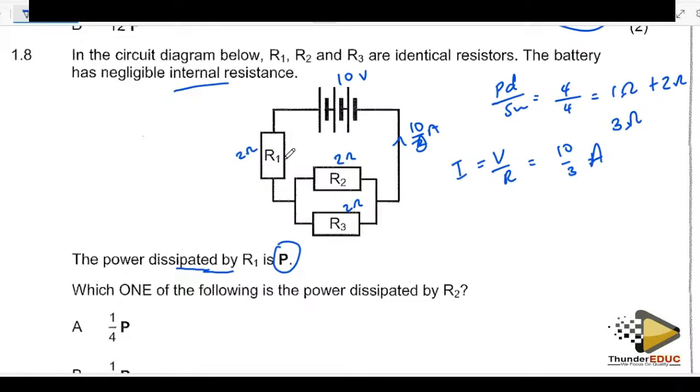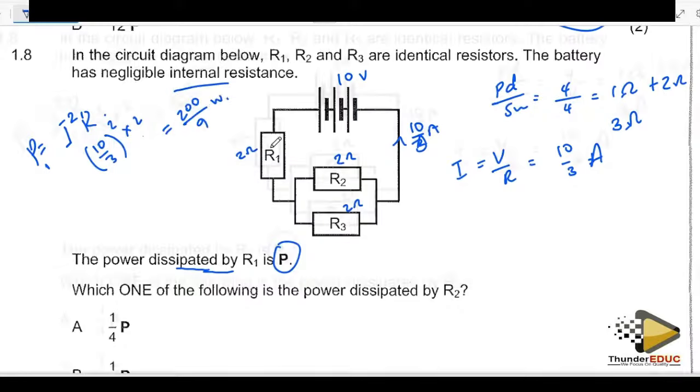Do I need the voltage? I can use I squared R. Let's say I'm looking for the power of R1. It's going to be 10/3 squared times the 2. That's 100/9, and then times 2, which gives me 200/9 watts. That's the power in this.